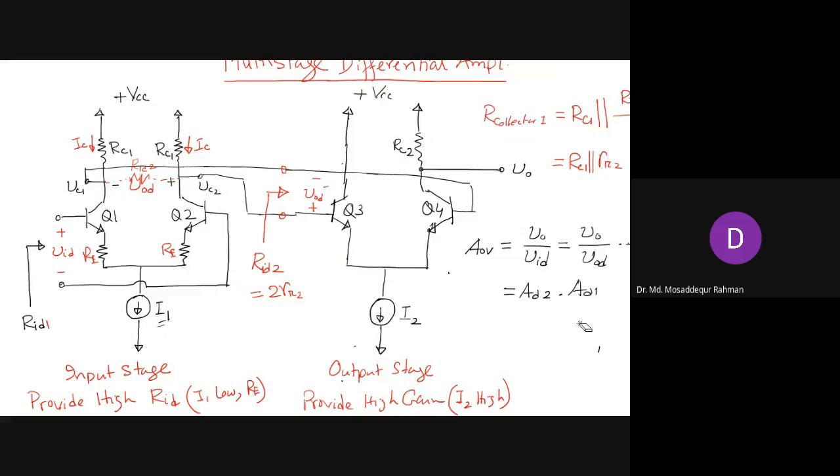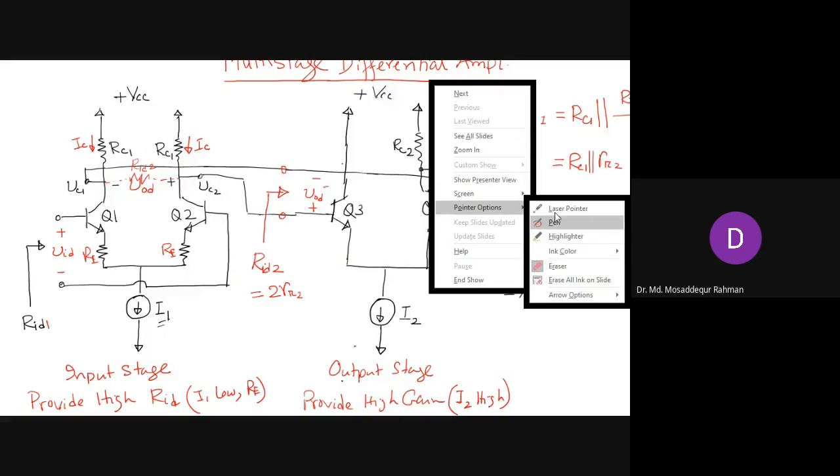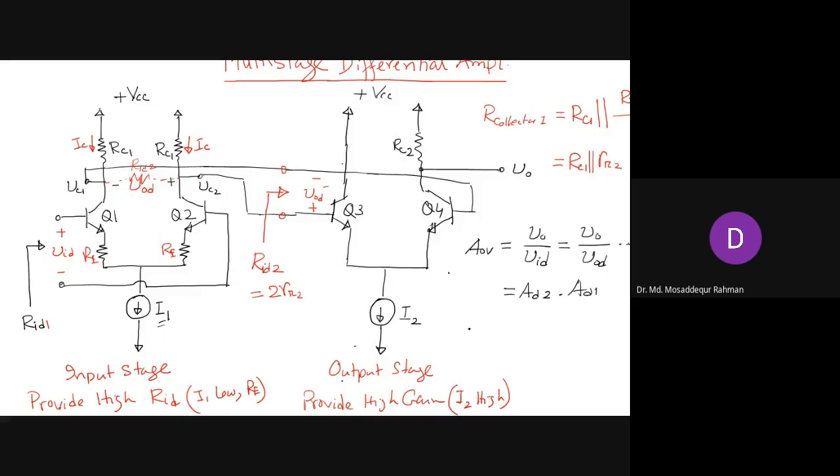So AD2 is half GM2 RC2, and AD1 is RC1 in parallel with R pi, divided by RE1 plus R. So now you can see, right?